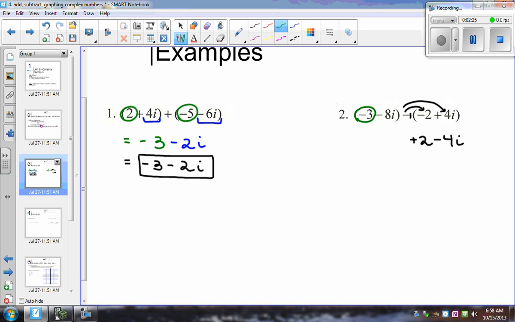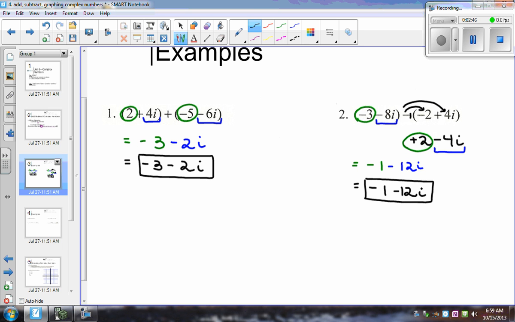Real number gets combined with the real number. The imaginary unit gets combined with the imaginary unit. And that's it. That's all there is to it. Your final answer, again, making sure it's in a plus bi form, is -1 minus 12i.